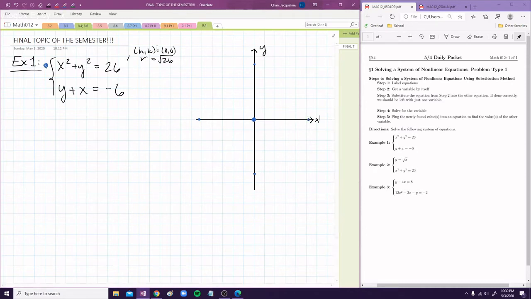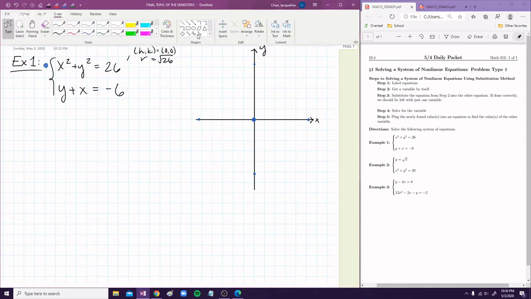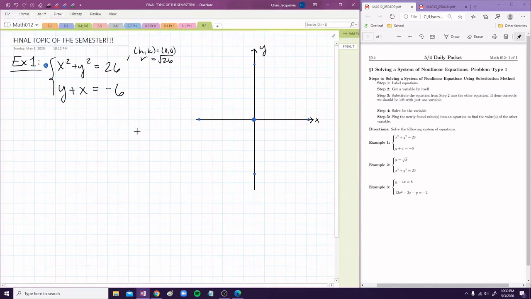I'm not going to try to draw a circle that big. It's just going to be a disaster. So let's do it this way. Let's see. I'm going to make a diameter of about 10. So 1, 2, 3, 4, 5, 6, 7, 8, 9, 10. Maybe a little bigger.